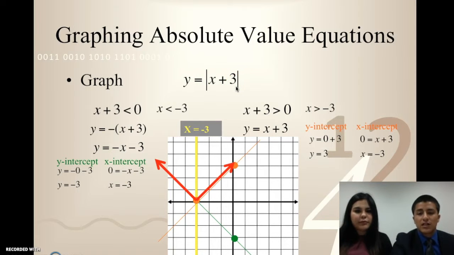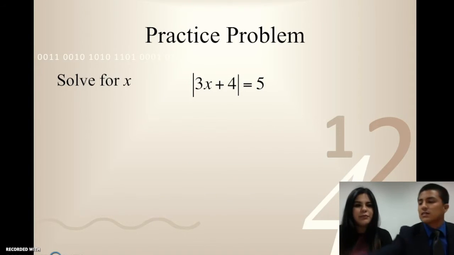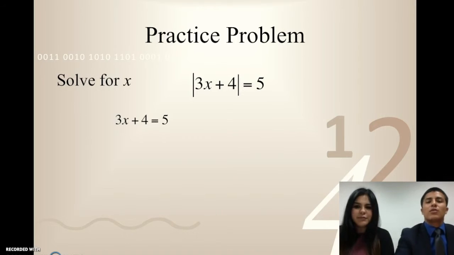Okay, class, so now we'll do a practice problem together. So when solving for x for the absolute value of 3x plus 4 is equal to 5, the first thing that we do is number 4. Remember, we have to split the equation into two, setting 1 equal to the positive value and 1 equal to the negative value.